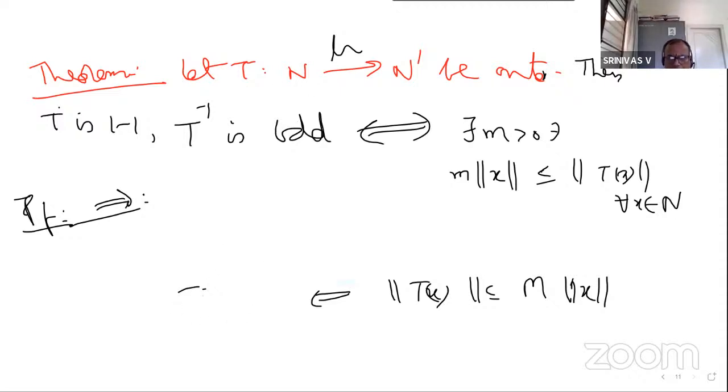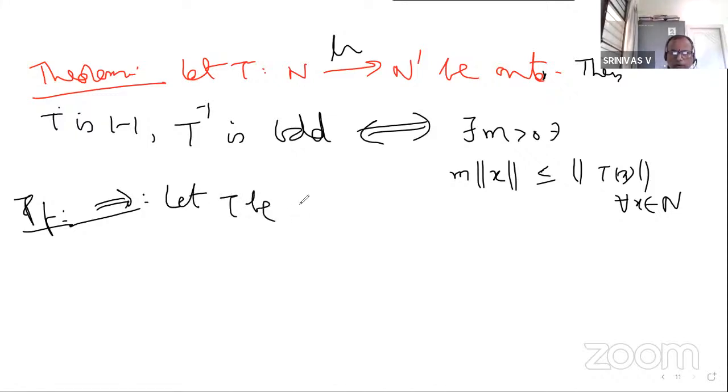Now let us come to this part. Let T be 1 to 1 and T inverse be bounded. What is meant by this? What is the boundedness of T?